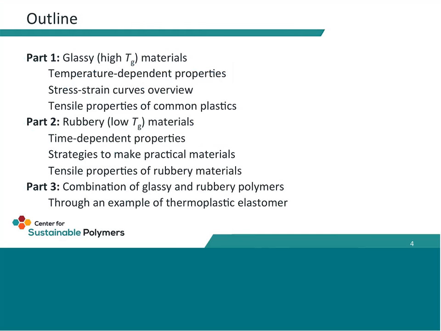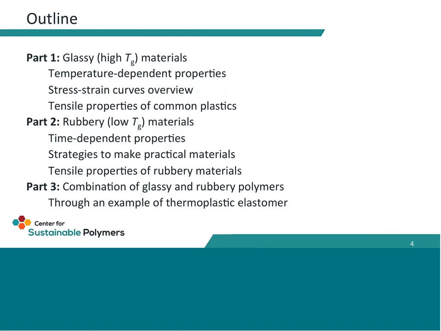So first, to go over an outline of what we're going to talk about today, we're going to split this up into 3 sections. In the first section, we're going to talk about glassy materials, which we've put here as high Tg. We're going to first define what these properties that depend on temperature are. Then we're going to go over what a stress strain curve means and how it relates to mechanical properties. And then we're going to review some common plastics that everybody should be familiar with and how the tensile properties define those.